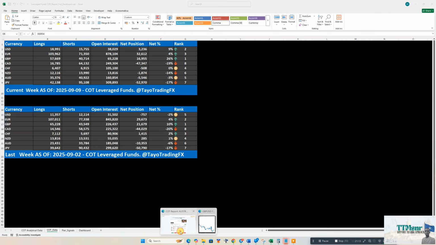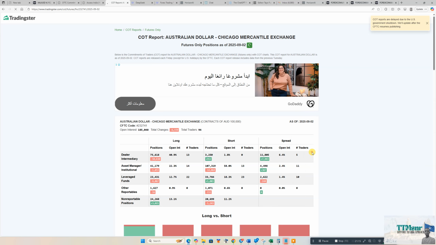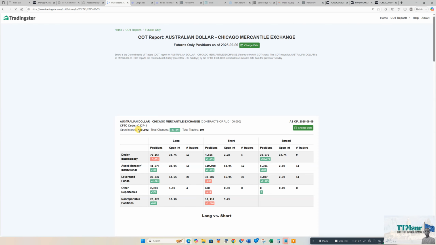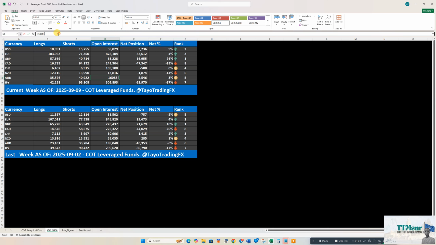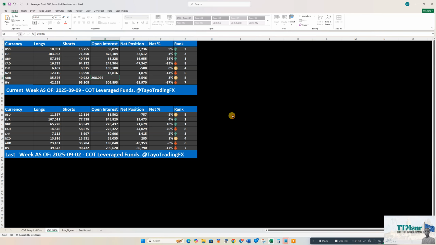Okay, back to the next week. So this was the open interest. Short positions.